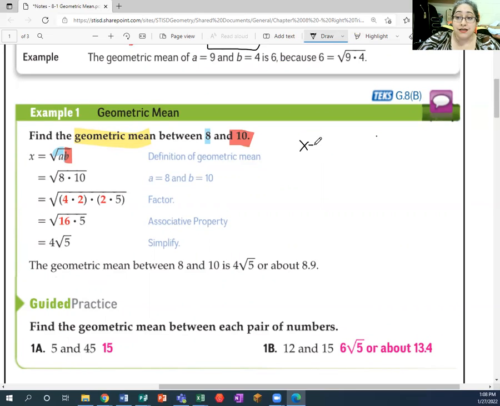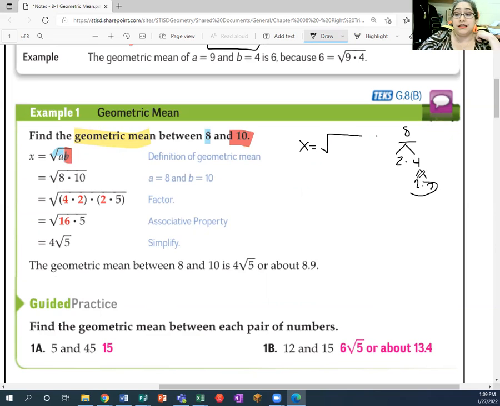So we have x equals the square root of 8 times 10. But I'm going to think of 8, not as 8, but as all of its prime factors. So I'm going to list all the prime factors of 8. I can get to 8 by thinking 2 times 4. And then I can think of 4 as 2 times 2.